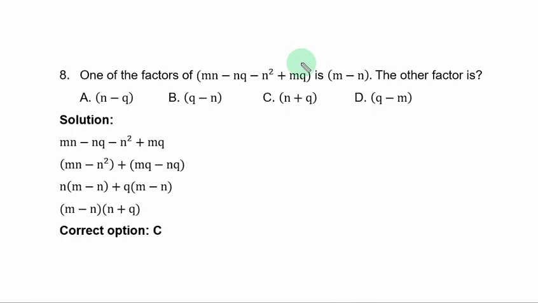Question 8. One of the factors of mn minus nq minus n squared plus mq is m minus n. The other factor is, you simply factorize by grouping. You take 2 terms with a common factor as one group. Now actually, these 2 terms can form one group, but when you take these 2 as one group, there is no common term.